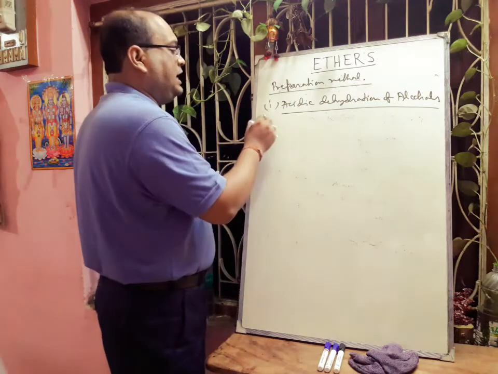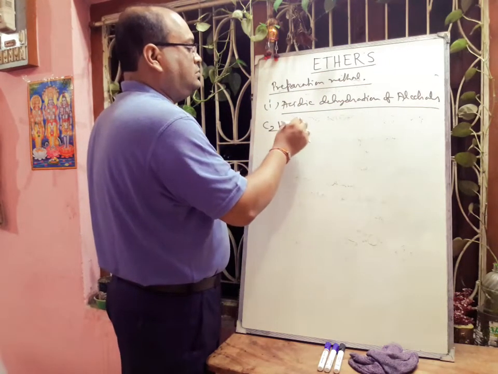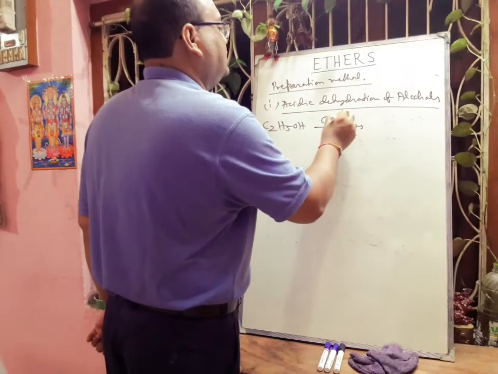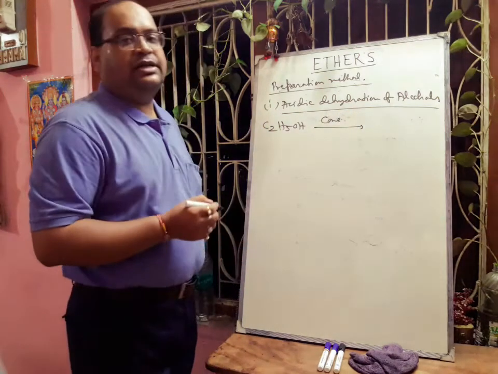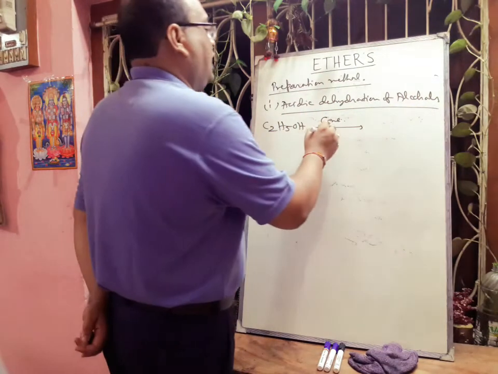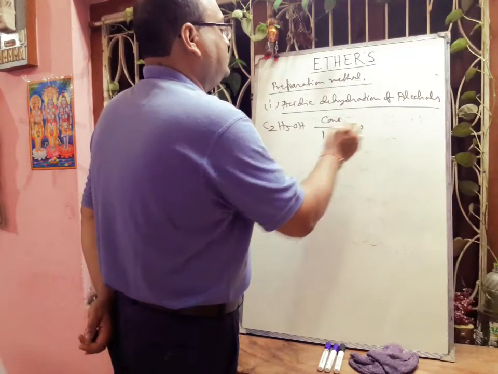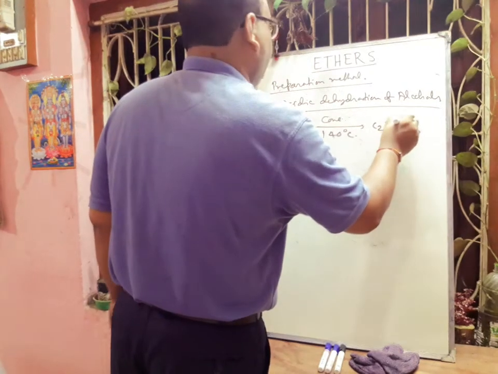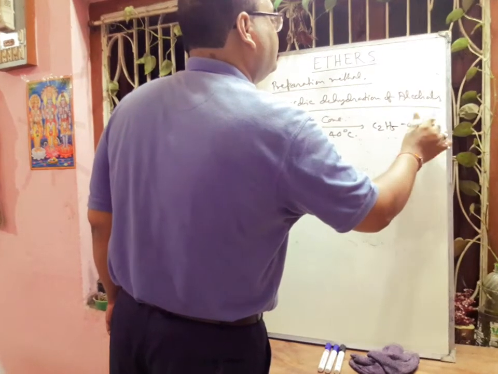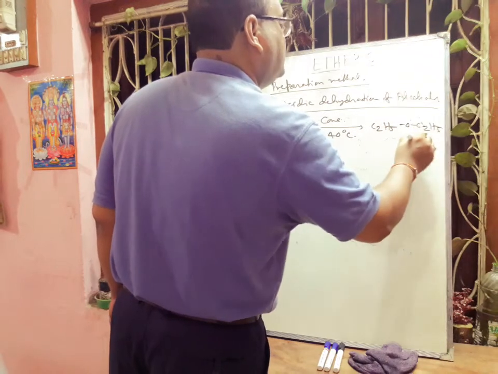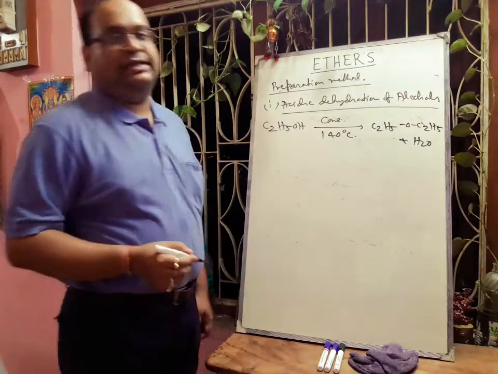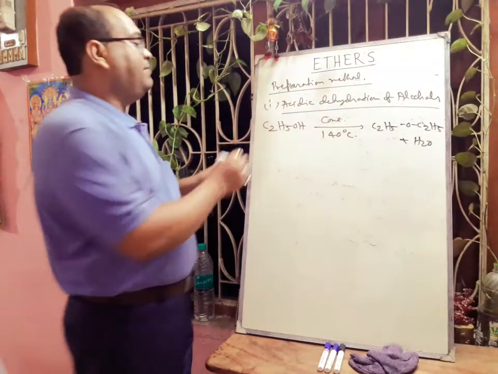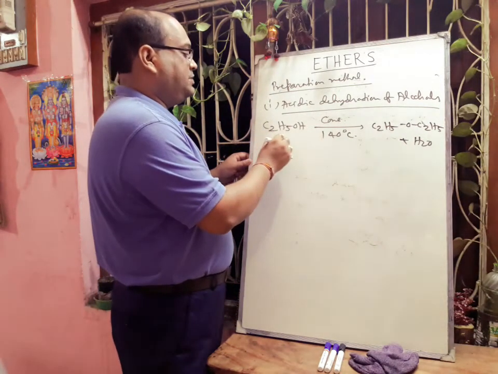If we take ethyl alcohol and give concentrated sulfuric acid, and the temperature should be around 140 degrees centigrade, then we get C2H5OC2H5 plus H2O, and this is diethyl ether. In this way, only primary alcohol can respond to this reaction.